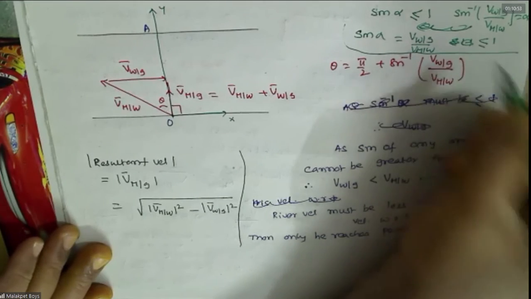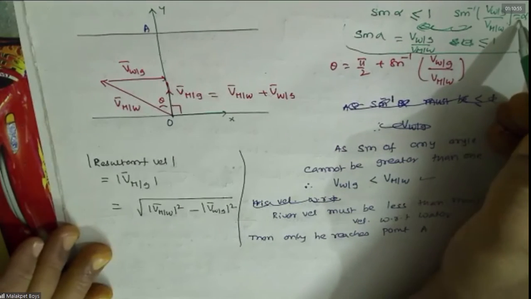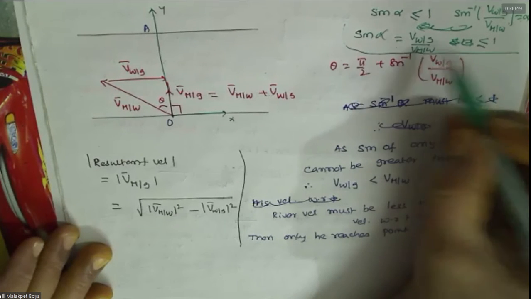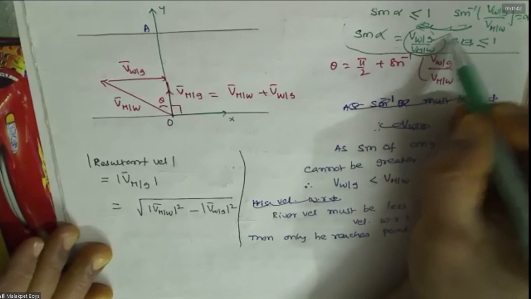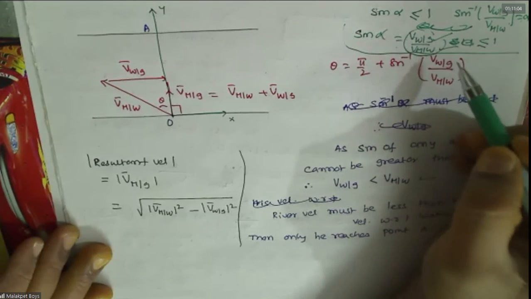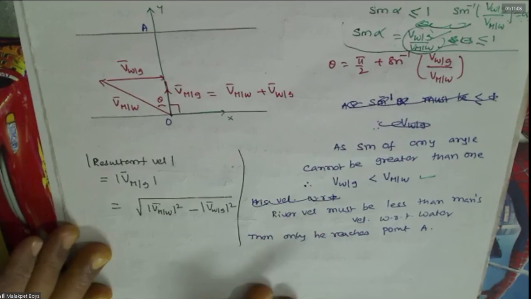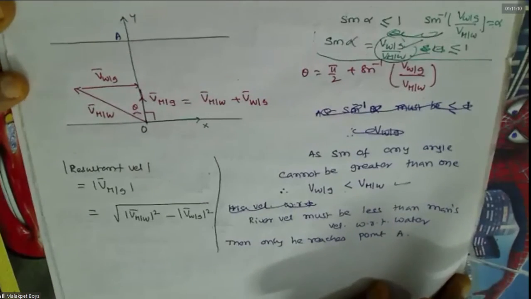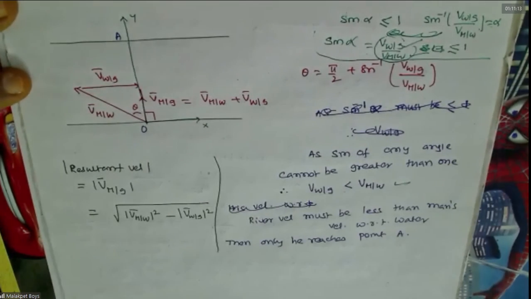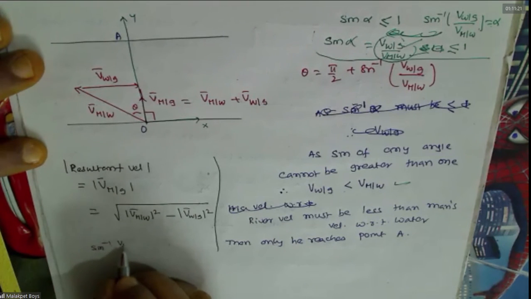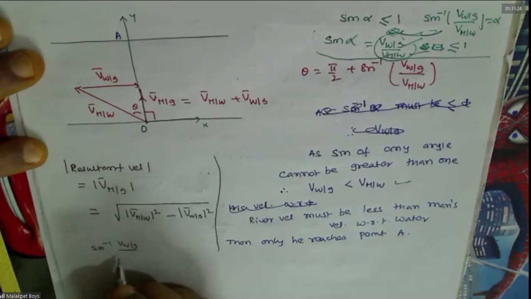Now I take this as some alpha. Now sine alpha is this. That should be less than or equal to 1. For that to happen, the numerator should be less than the denominator, no? Yes, sir. Understood this? Yes, sir. Clear? You can take sine inverse, the same thing I am explaining once again.